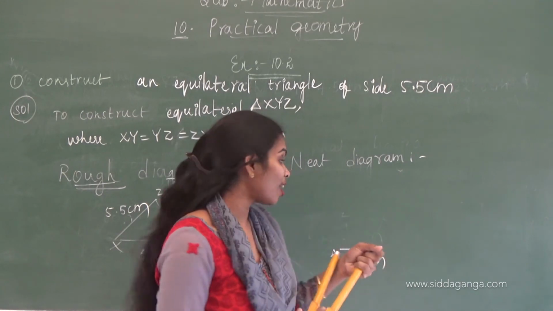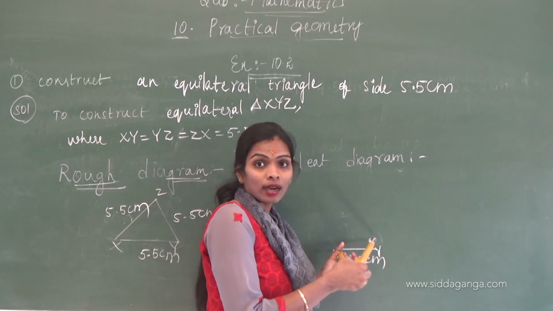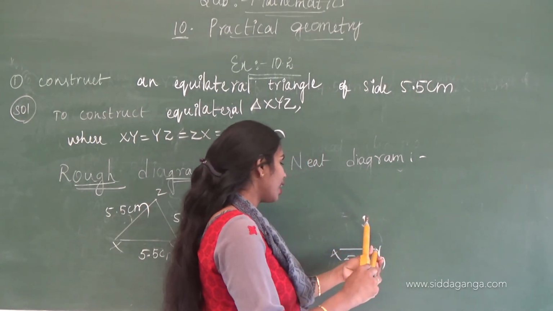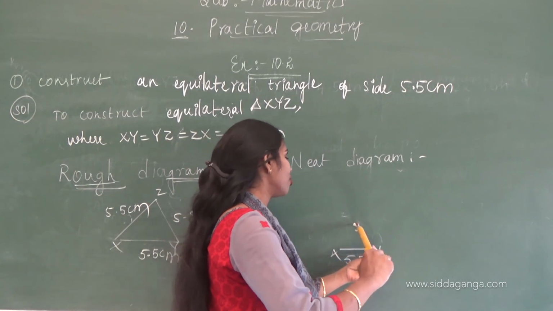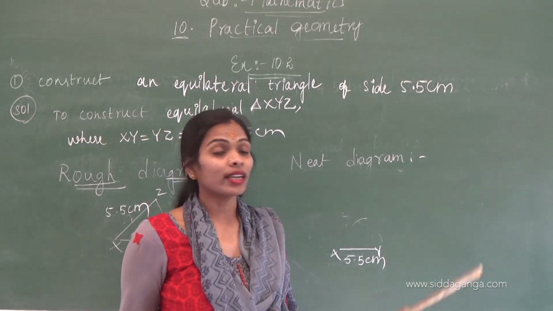After that, I measure 5.5 with the compass, and I take one arc from X as center and then one arc from Y as center, because it is an equilateral triangle and all the sides are equal.